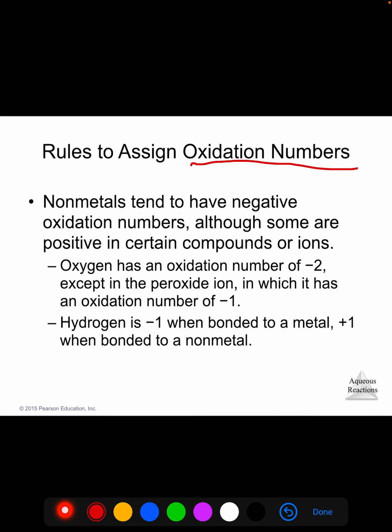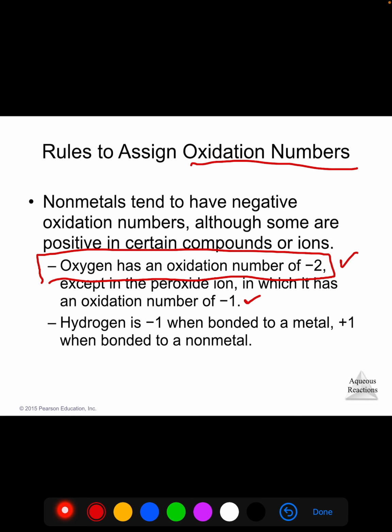Nonmetals tend to be negative, and if I use the Flynn Scientific Periodic Table of the Elements, it has their most common valence or oxidation number up there. We like to say that oxygen always is minus 2. I will say it always is for whatever problems I give you. However, in the peroxide ion, which is a very reactive and interesting species, it has an oxidation number of minus 1.